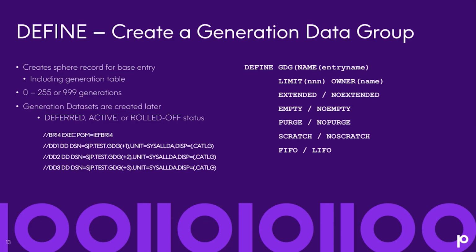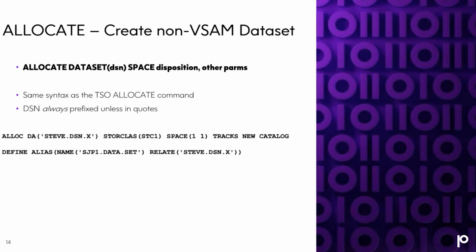So we can do lots and lots. As we can see, there are, as we said, about 20 different commands that we can do lots of things with in IDCAMS. We can create VSAM datasets. We can create GDGs. We can create non-VSAM datasets. And in this case, they simply took what was the TSO command, the TSO allocate command, and allows you to execute it in IDCAMS.